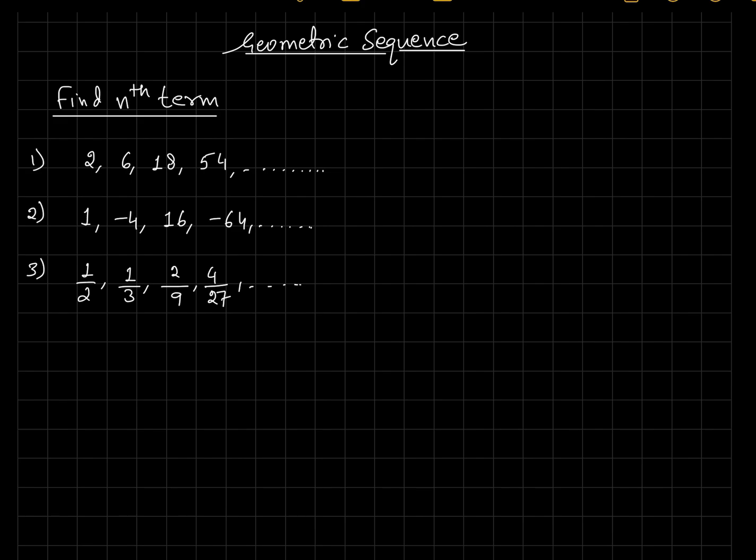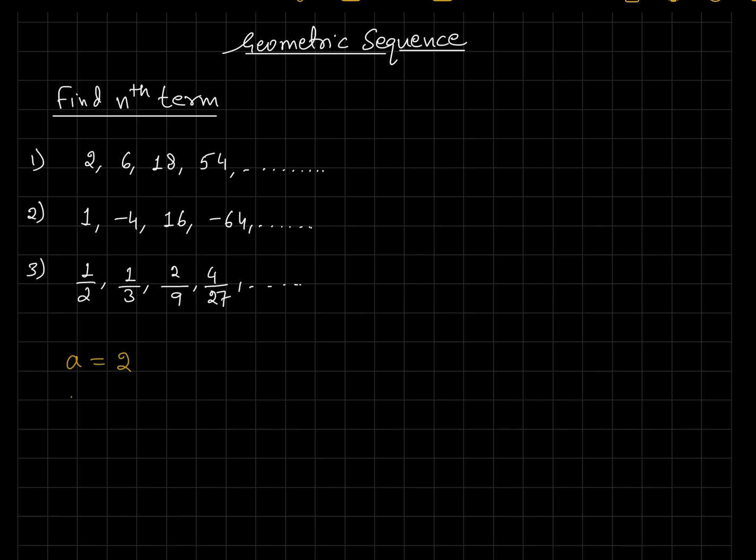So let us see. In the first sequence which I have written here, 2, 6, 18, 54, these are the first four terms, right? If I write my first term as a1, that is 2.